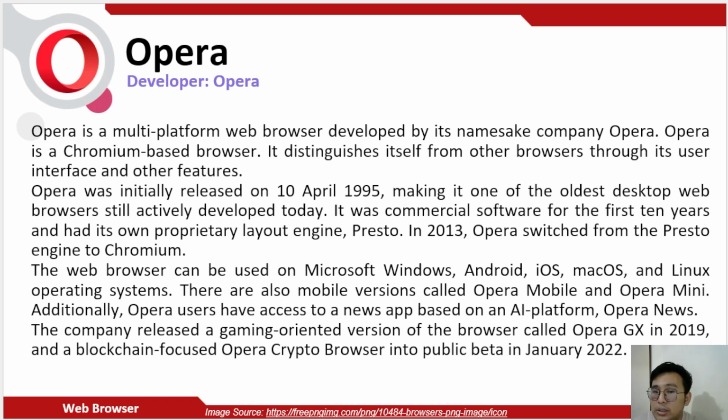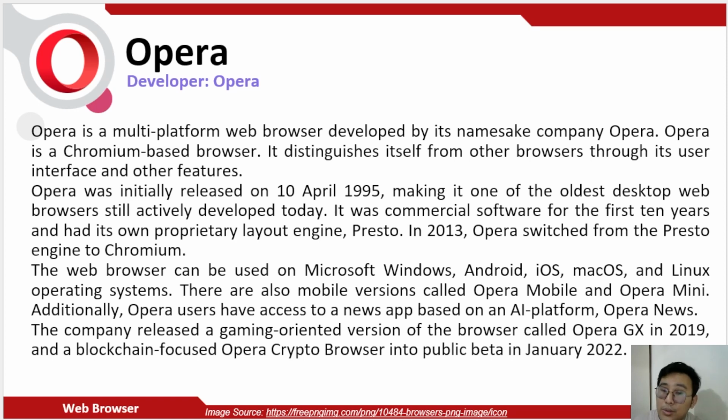So this web browser can be used on Microsoft Windows, Android, iOS, Mac OS, and Linux operating systems, and they are planning to support a lot of other operating systems as well. There are also mobile versions called Opera Mobile and, as I said earlier, Opera Mini.